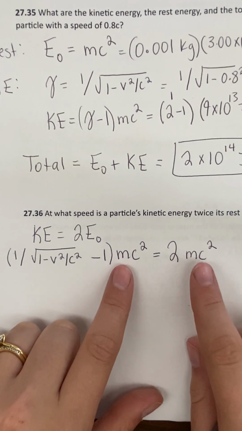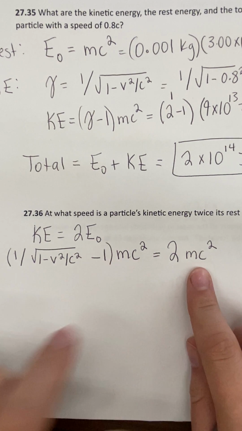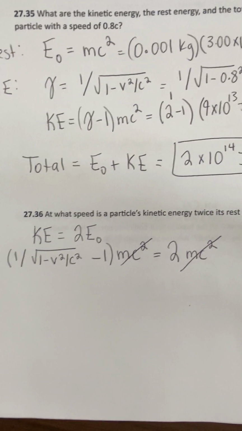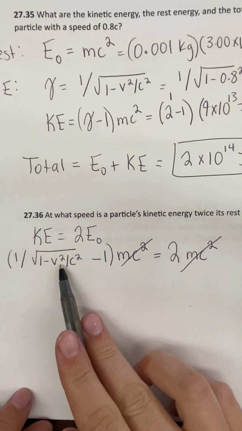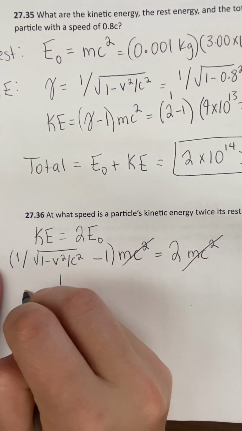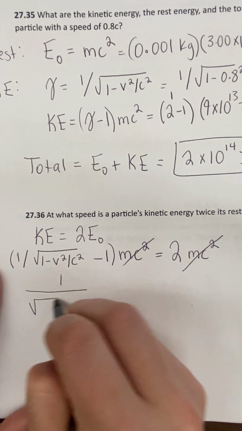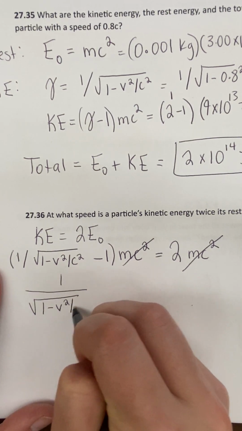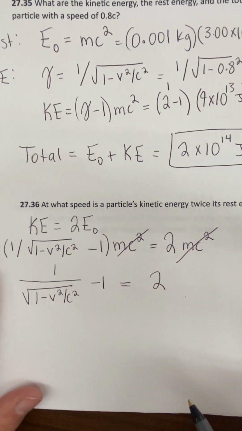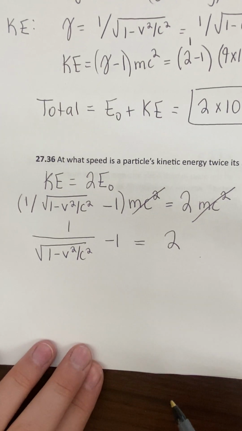Looking at both sides of the equation, we have an mc squared factor that we can cross out. And so basically we want to find the speed that makes this true. So set all up, that would look like 1 over square root 1 minus v squared over c squared, minus 1, equals 2. We're solving this equation for v.